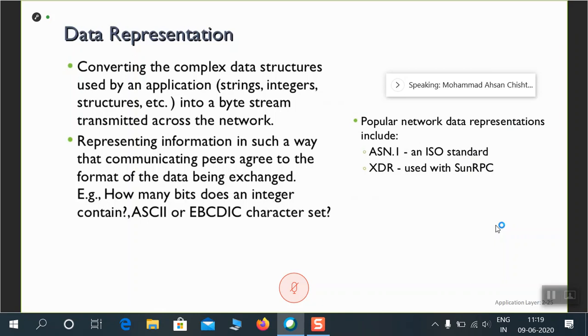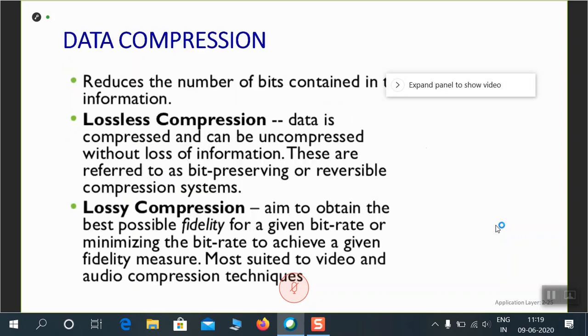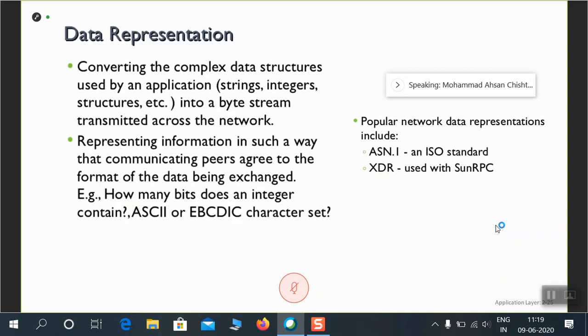Another example, we just said whether ASCII or ABCD. How do we encode the letter A? One popular way is to use a 7-bit number, that is 65. So this is where data representation comes in.